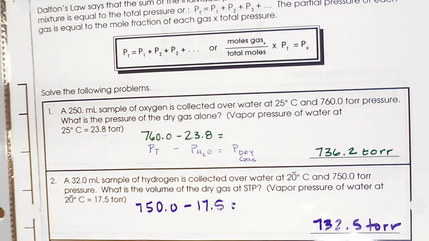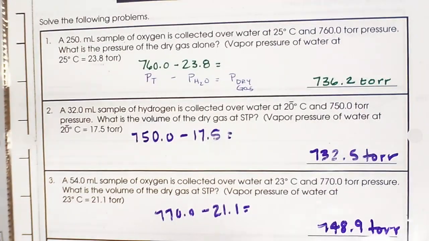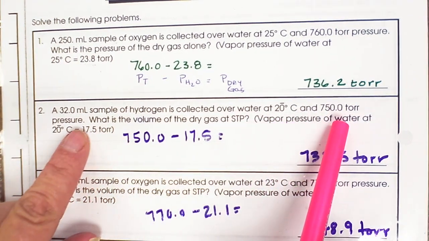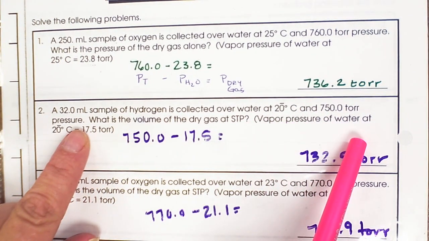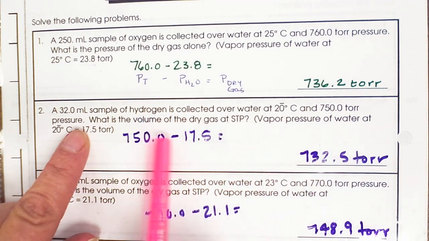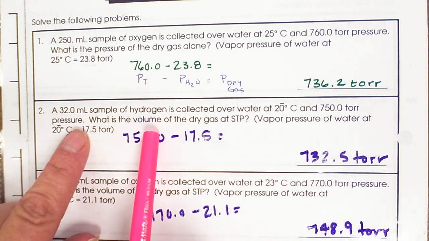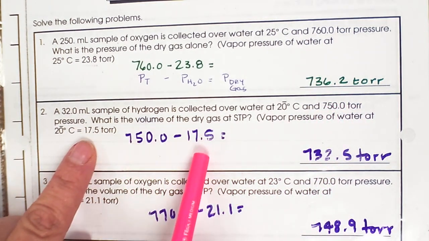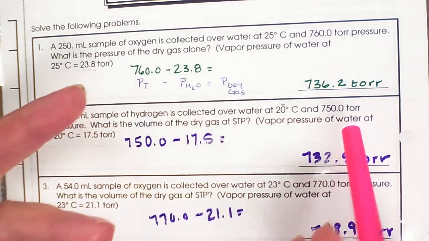Okay, let's look at number 2. So in number 2, we have hydrogen collected over water and 750 pressure. What is the pressure, because we're not checking the volume, of the dry gas? So I take the 750 and I subtract off the water. That's all you have to do. You just need to separate the water and the dry gas.